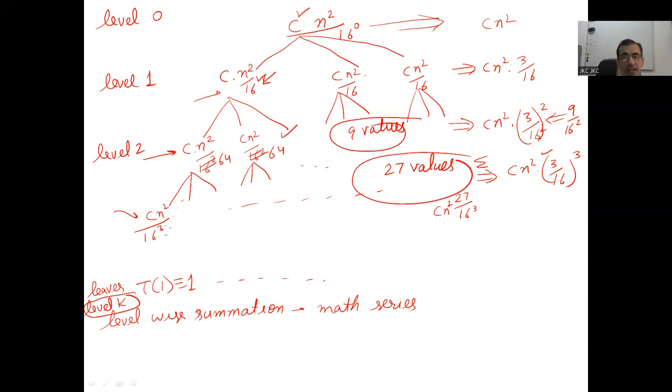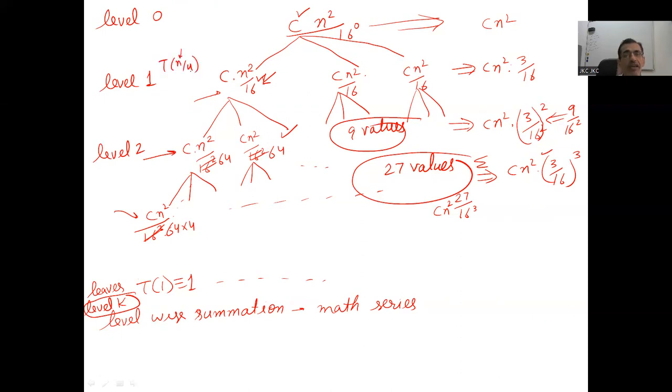Next time I am going to have 64 into 4 every time, because this is further divided by 4. This was effectively T of n by 4 every time, as a child. From this, every time it was T of n by 4.